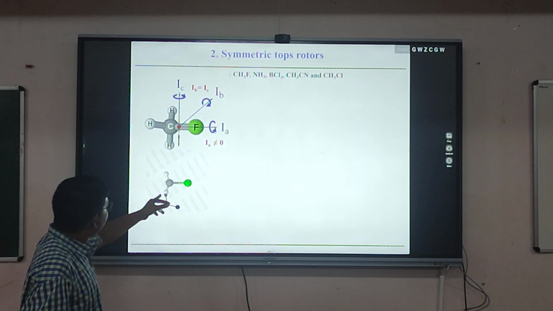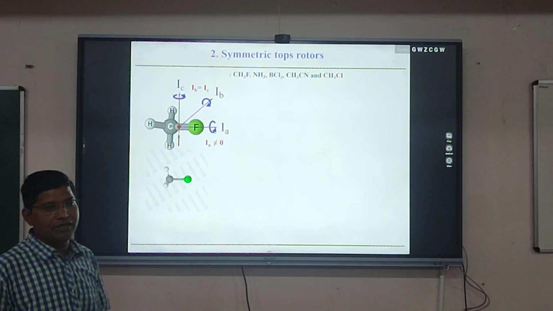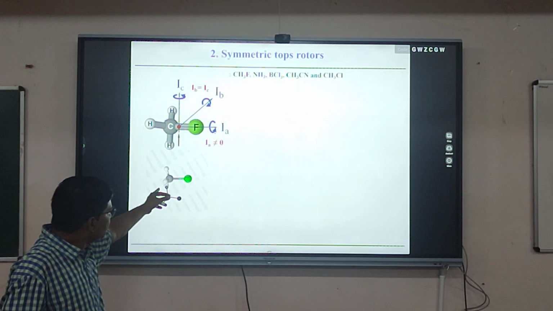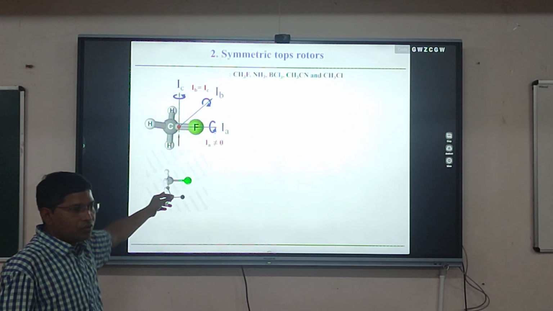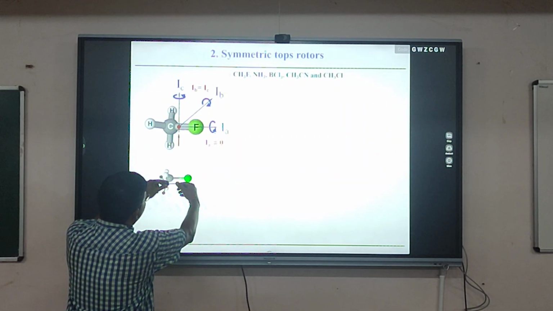Here we can see an animated video of the methyl chloride molecule. This video shows the rotation of the molecule along the bond axis.